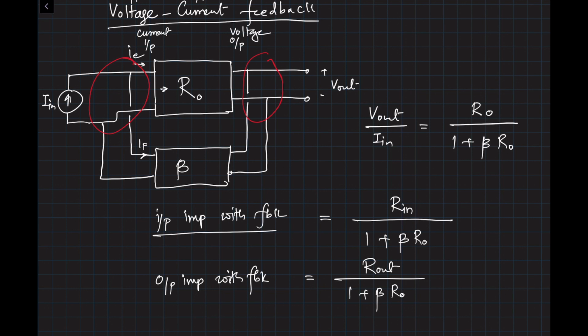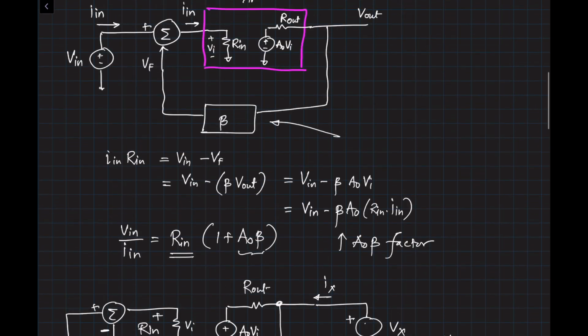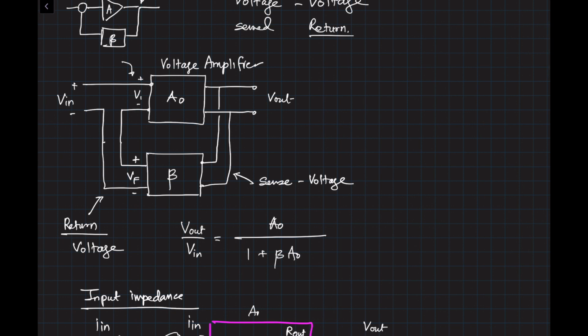In the previous case, let me compare that with you so that you see. In the previous case, you can quickly tell now that at the input, I have something going on in series. So input impedance will go up by the 1 plus beta A0 factor. At the output, I have something going on in parallel.